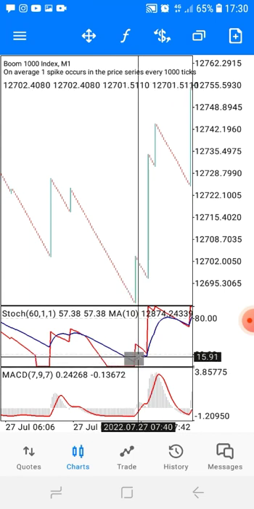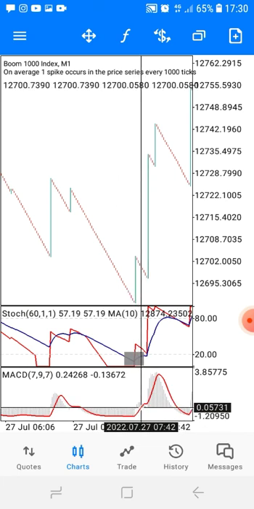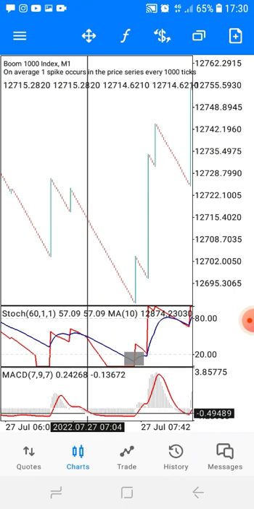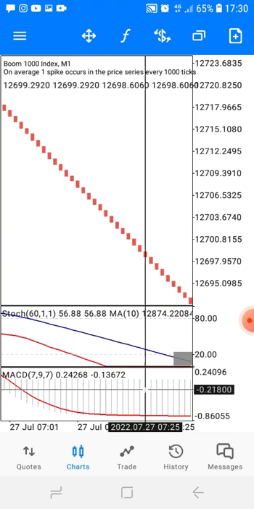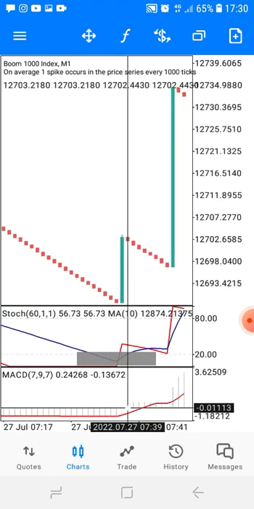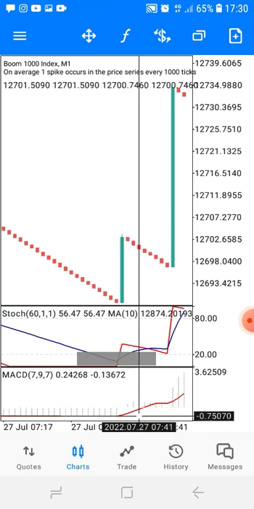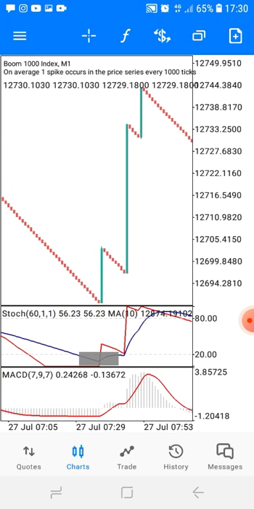And make sure that whenever you get a cross, this MACD is above level 0. You can see that these ticks are below right here, right? As we go further, these ticks come on top of these. So make sure that you have this type of condition. The ticks have to be above.